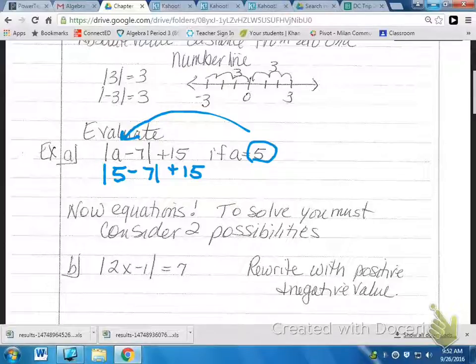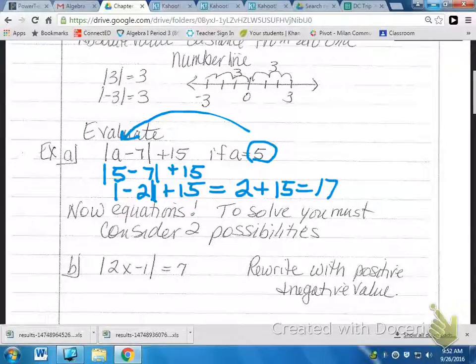So 5 minus 7 would be -2. But the absolute value of -2 would be just the value 2, and we would add 15 to it, and that would be 17. So remember absolute value, whether it's positive 2 or negative 2 in there, it doesn't matter, both of them result in 2 that we added to the 15.